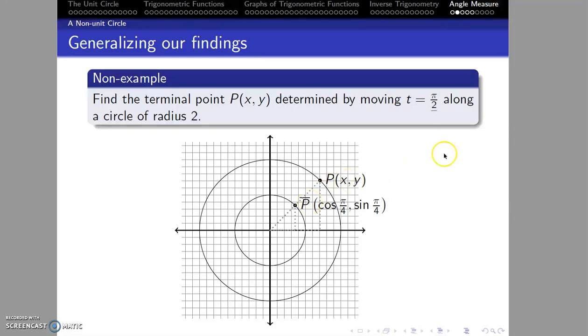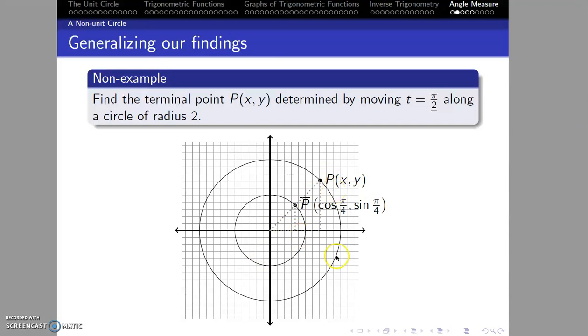Right? Moreover, we've got similar triangles on our hands, right? If we recognize this to be one triangle and this to be another triangle, oh boy, I've really drawn over this, we have similar triangles. Moreover, we have an established ratio between them, right? This hypotenuse here is of 1 because we're on a circle of radius 1, whereas over here we're of radius 2.